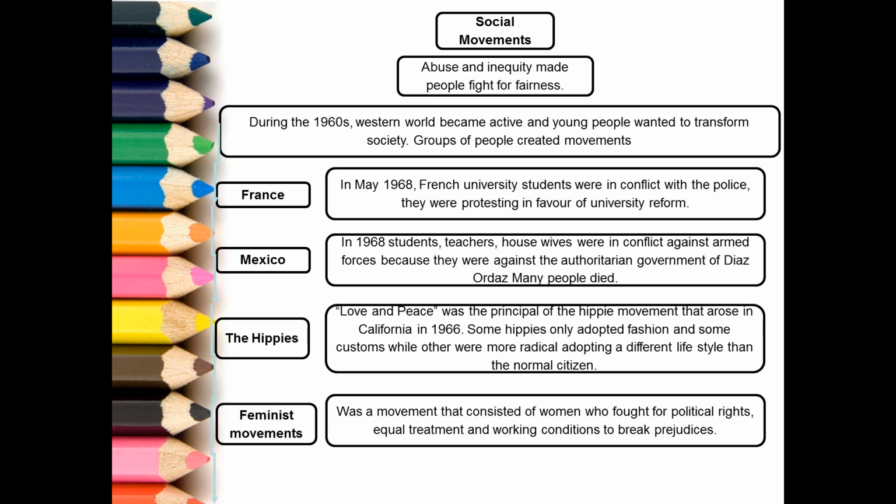So in this slide, we can see a few examples of social movements that arose at different times. The first interesting topic that I want to talk about is the youth movement. Youth refers to young people. Now, throughout history, throughout hundreds of years, young people were not generally the protagonists of the developments of history.